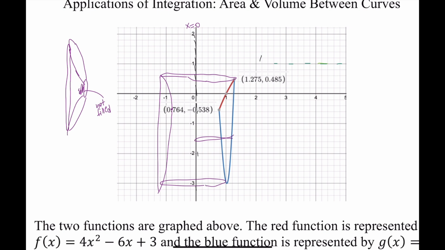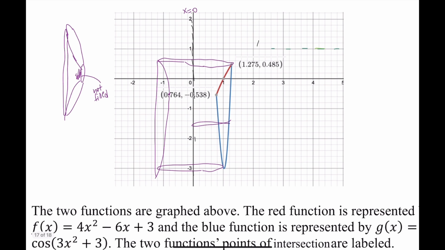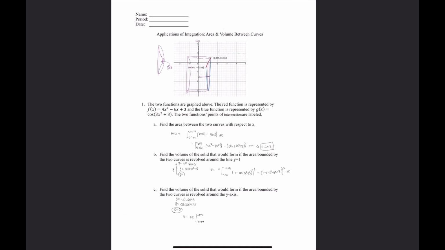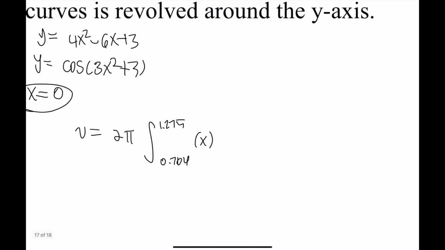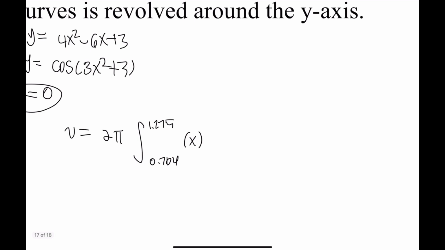Okay, so this would be our radius, and then we're trying to find the height, right? The height of the shape would be perpendicular to the radius, so the height would be this part right here. That means we're trying to subtract the blue from the red. So our function would be just x, because this is the y-axis, so it's not an off-axis revolution, and there's nothing that we're subtracting from x.